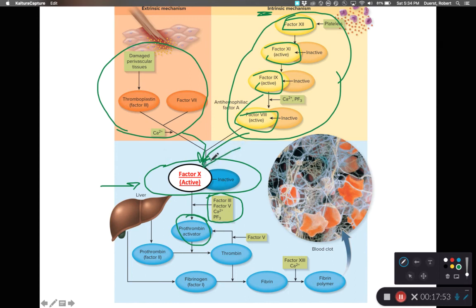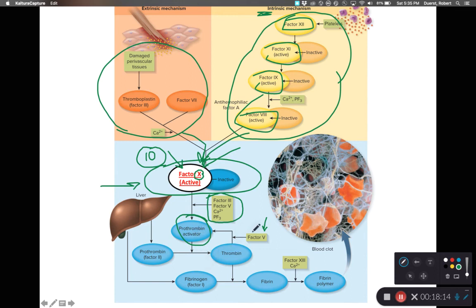And I've been saying factor 5 here. I need to apologize. I apparently can't read Roman numerals. I mean factor 10, X for 10, V for 5. So factor 10 over here. Factor 10, I'll write it out with Arabic numerals. There, factor 10. We'll then move down here to the prothrombin activator.